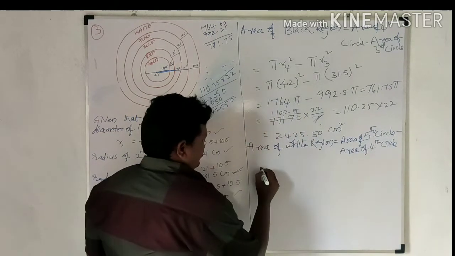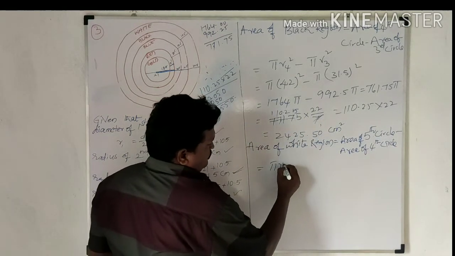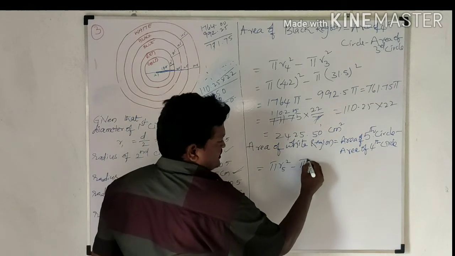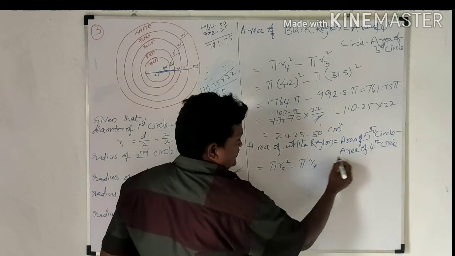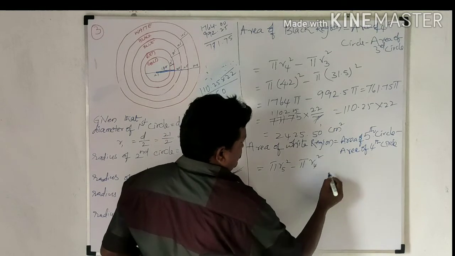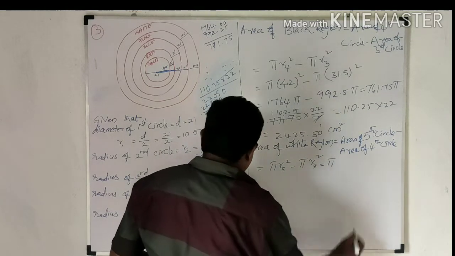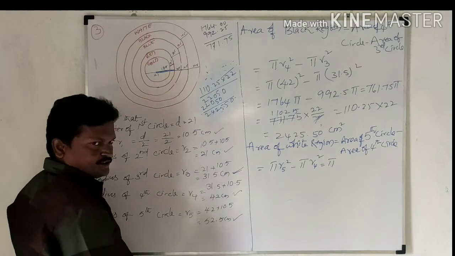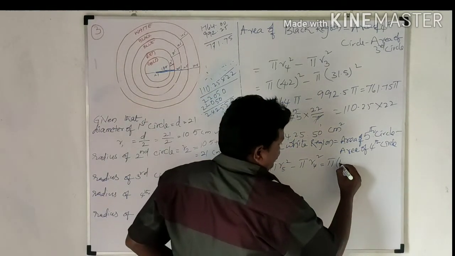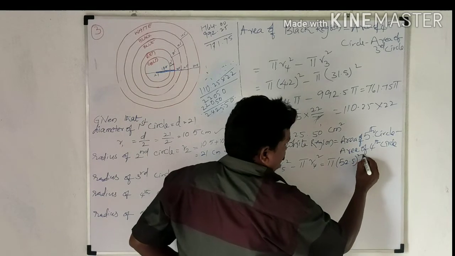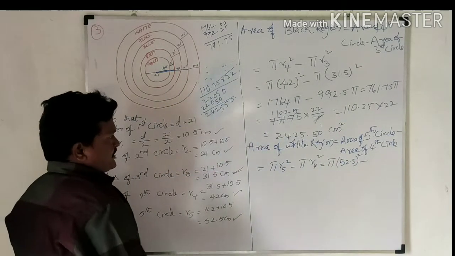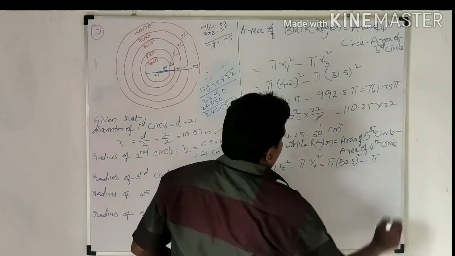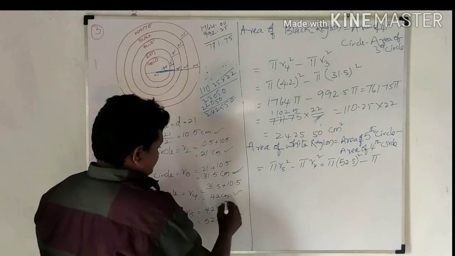That is pi r5 whole square minus pi r4 whole square. Here r5 is 52.5, whole square, minus pi into r4, which is 42.